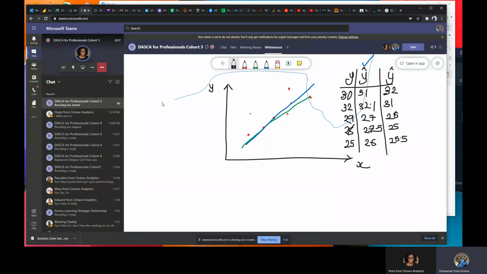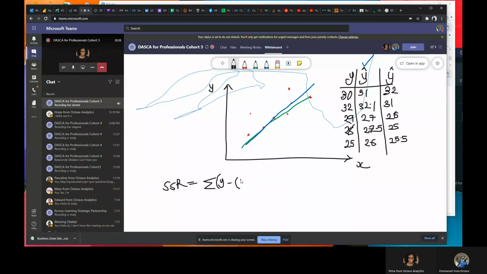So that's why you have something like this for SSR. Why is it done like this? SSR is saying that I have the summation of y minus b naught plus b1 x, all square.